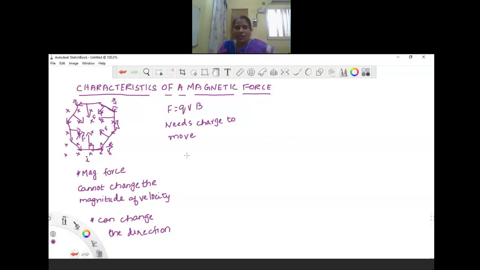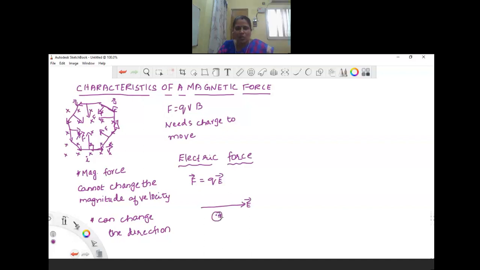Both stationary charges as well as moving charges create an electric field. We know the formula that electric force is equal to Q into E. Now let us assume this is the direction of the electric field and the charge is placed here.